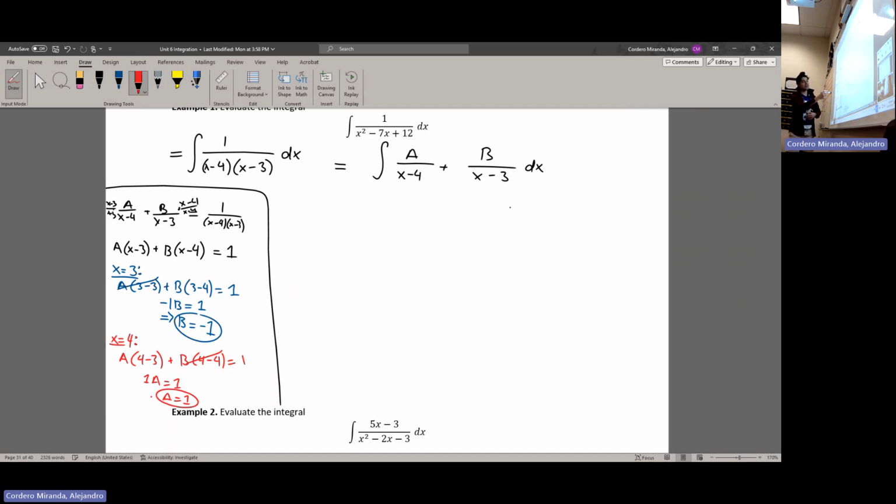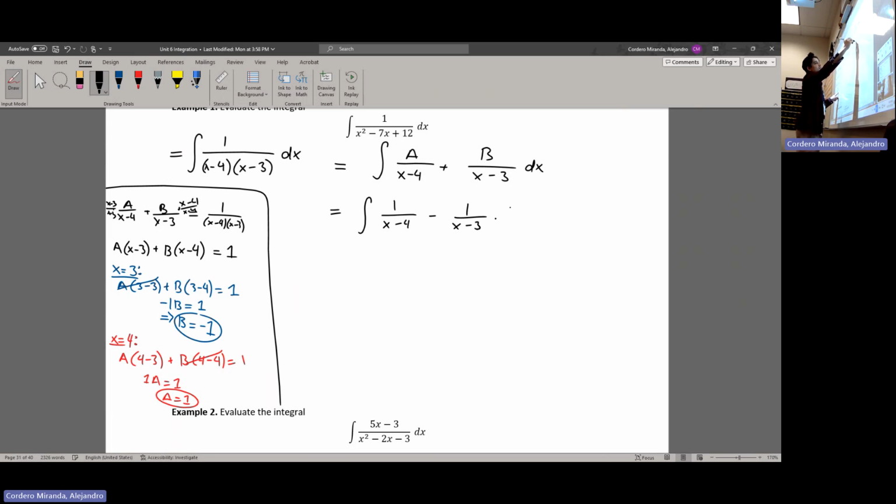Cool! Okay, so now that you know your a and b, go back to your integral, plug in a and b, and take the integral of those, the antiderivative. So back to my problem that I really care about, that goes like this. Integral of a, which was 1, over x minus 4, plus b over x minus 3. B was negative 1, so let me write it like this.